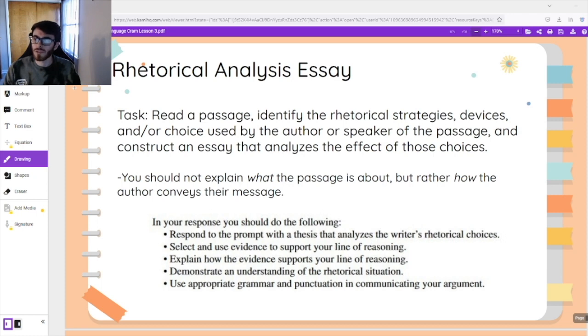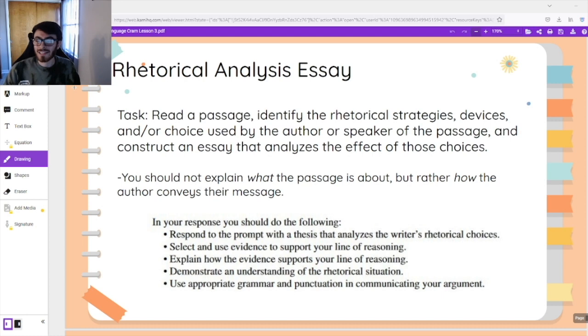So you need to be able to not only write to do this, you also need to have strong reading skills as well. You need to be able to identify different rhetorical choices used by the author in the passage. And then once you've identified them, you need to analyze them. You need to explain what they do, what kind of effect they have, or what purpose the author has for using them. Something along those lines.